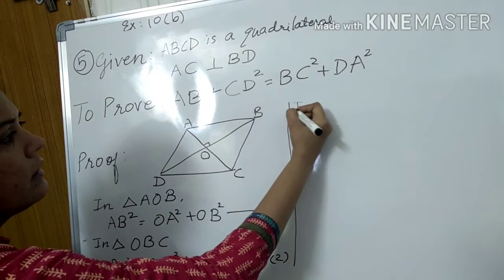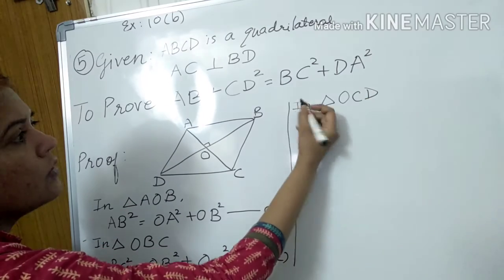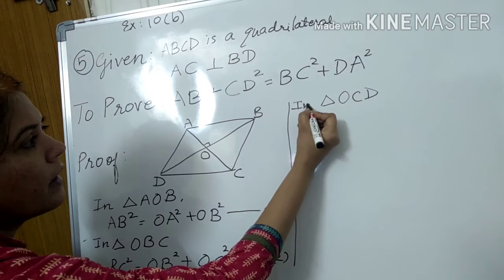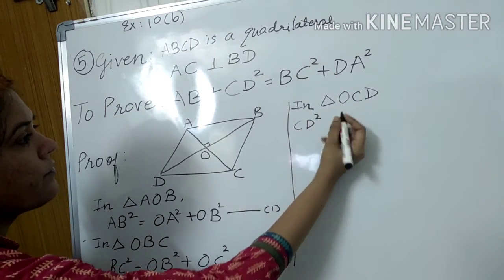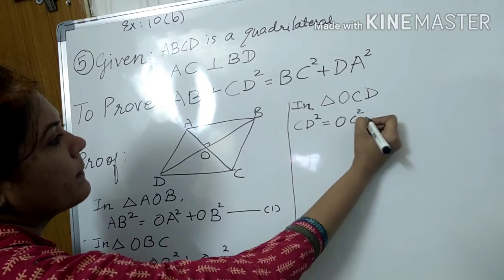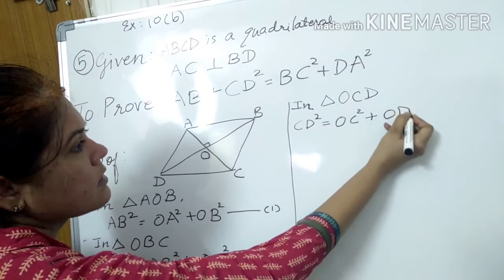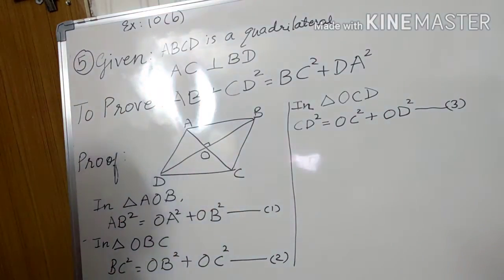So I write in triangle OCD using Pythagoras theorem. I write CD square is equal to OC square plus OD square. This is result number 3.